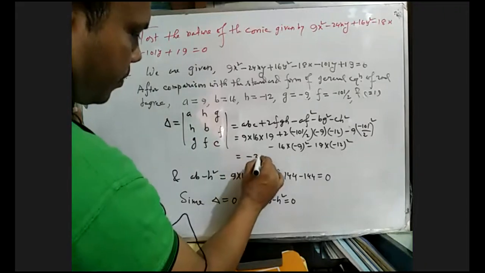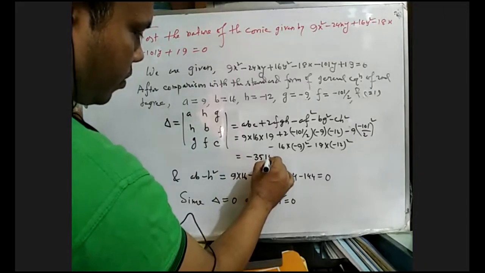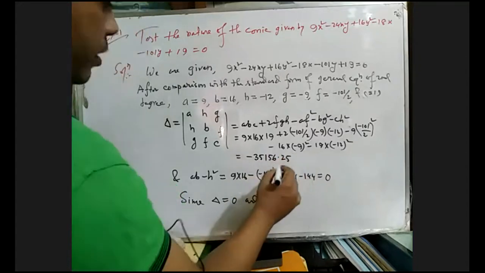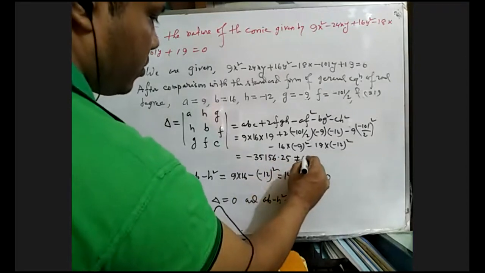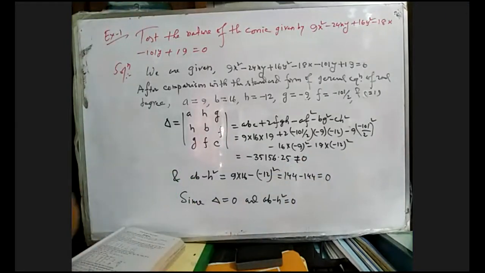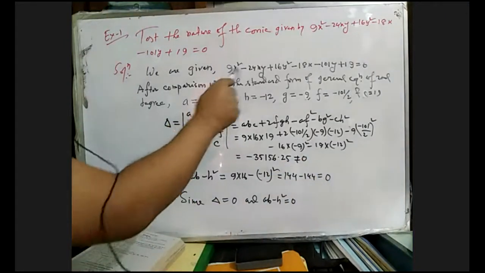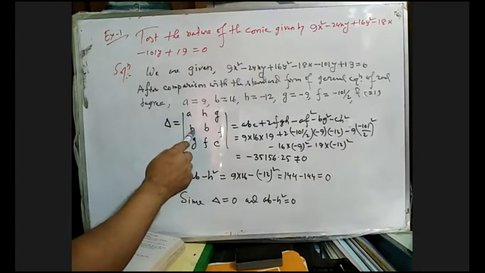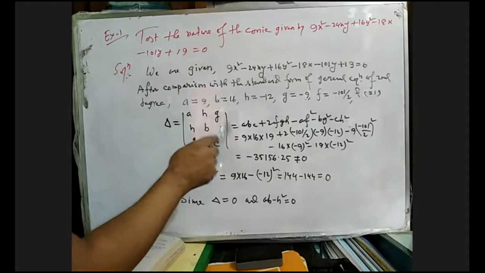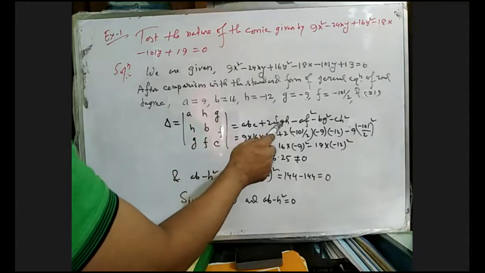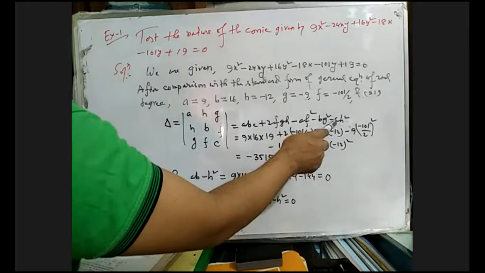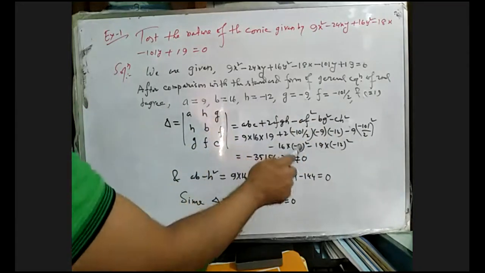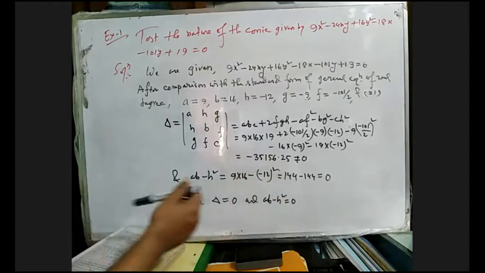This is not equal to 0. That means the determinant formed by the coefficients of this equation, a, h, g, h, b, f, g, f, c, which can be written as abc plus 2fgh minus af square minus bg square minus ch square, is not equal to 0.